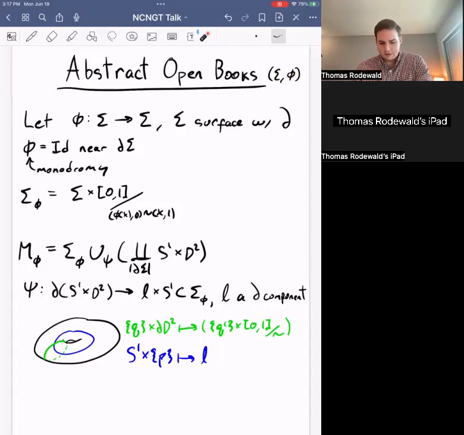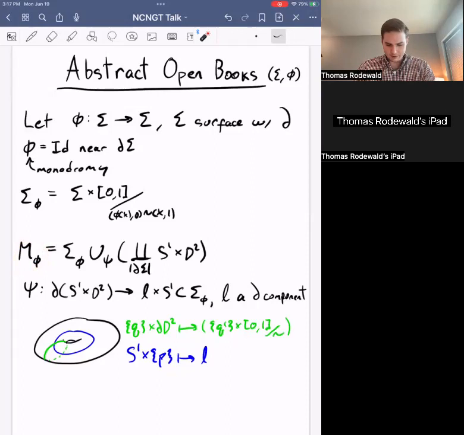And then to make your open book, which we've denoted M_phi, you glue in solid tori. You glue in one solid torus for each boundary component on the surface.